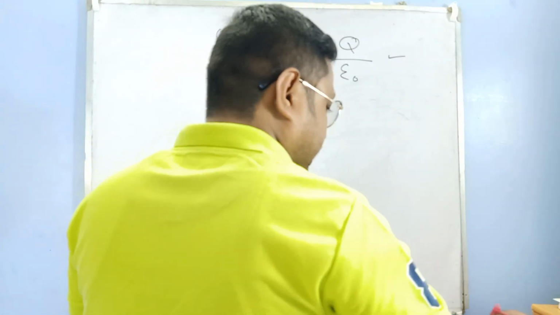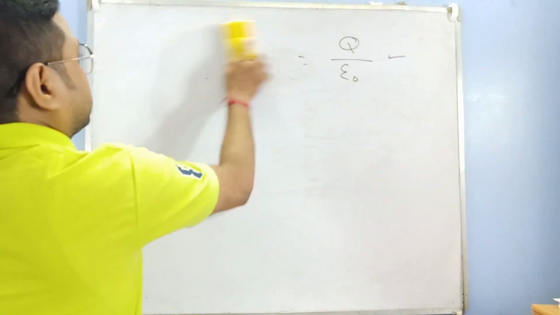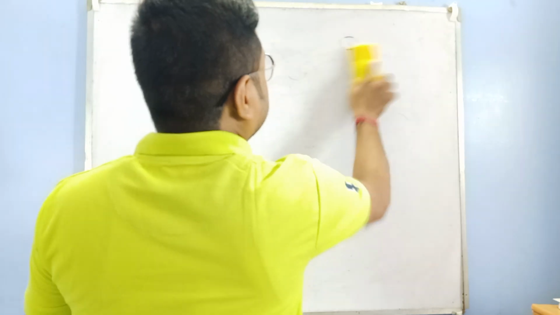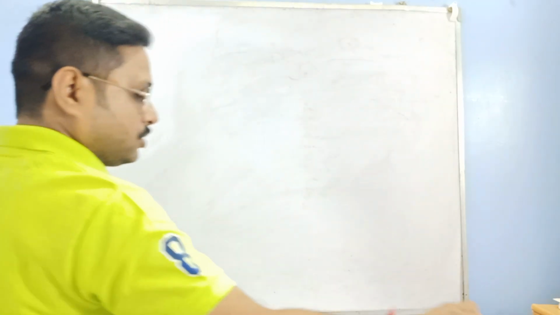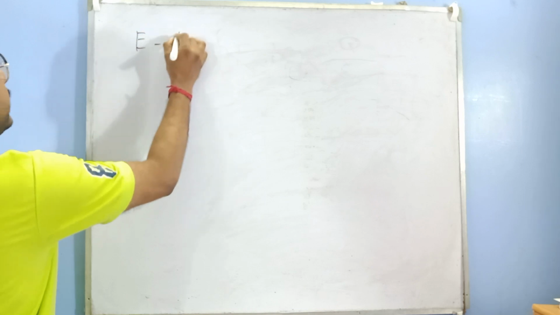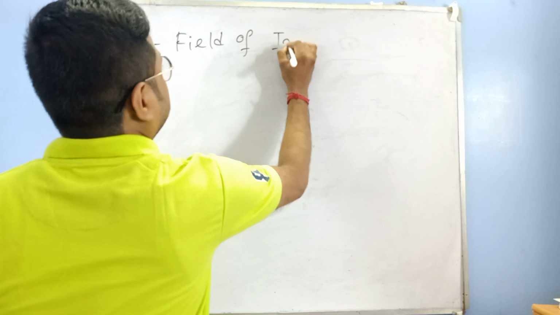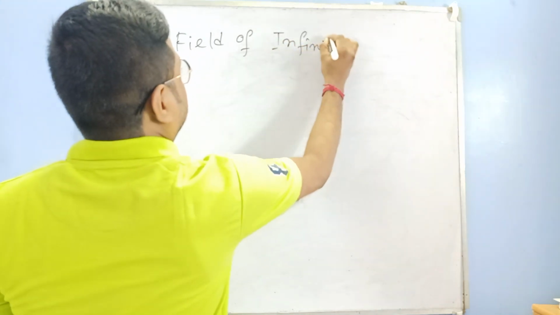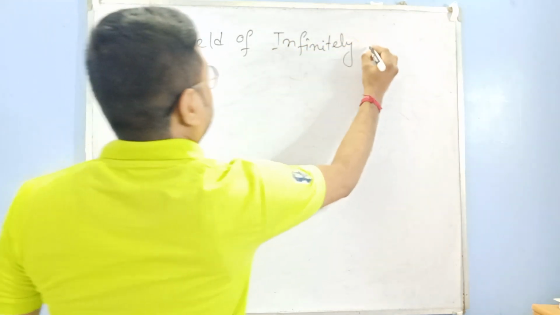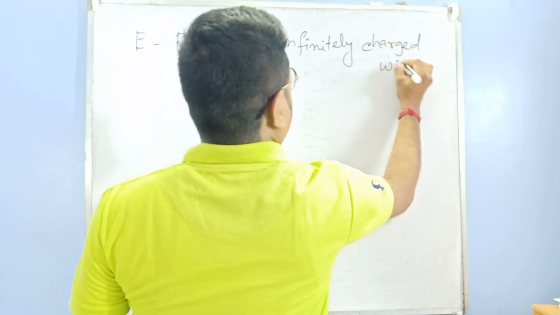Okay, so now we can find out the electric field due to an infinitely charged wire. So we can go with the electric field E of an infinitely charged wire.